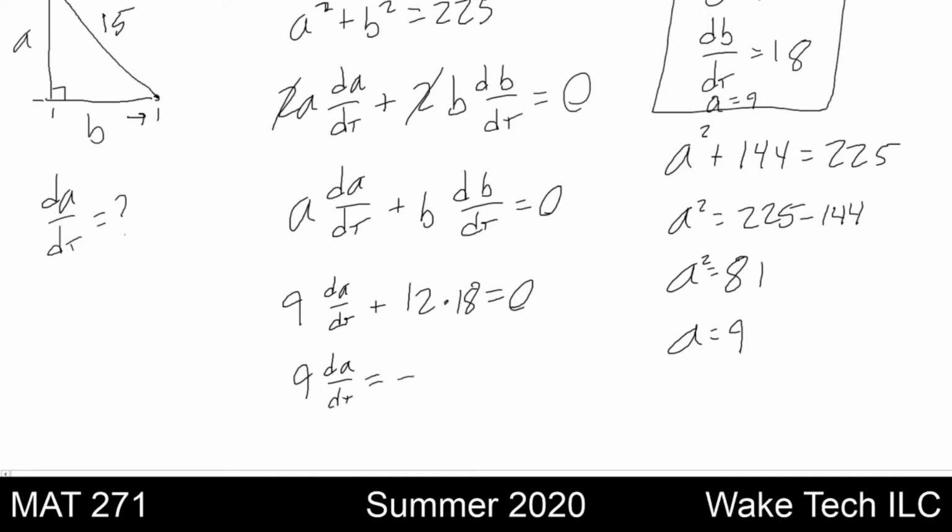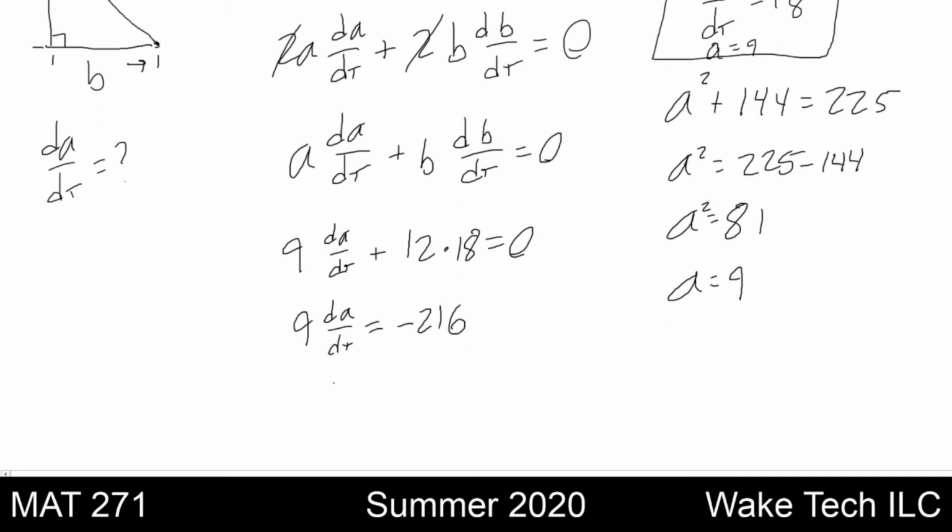When I subtract, I'll have negative 216, and when I divide, I get 216 divided by 9, which is 24. However, there's this negative, so it's negative 24.